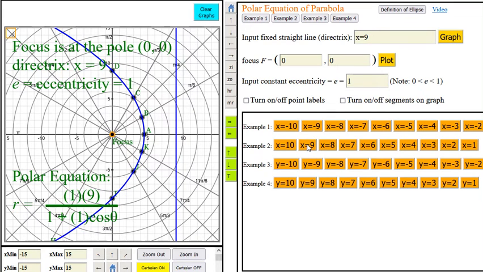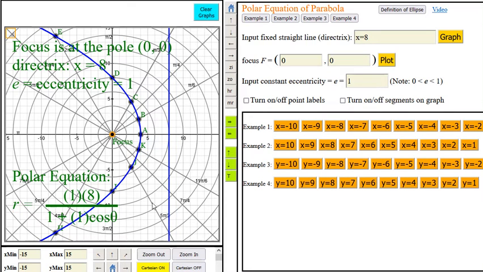If we have a directrix of x equal to 9, then the equation will be 1 times 9 divided by 1 plus 1 times cosine of theta. Here we have a directrix of x equal to 8, and the equation is 1 times 8 divided by 1 plus 1 times cosine of theta.